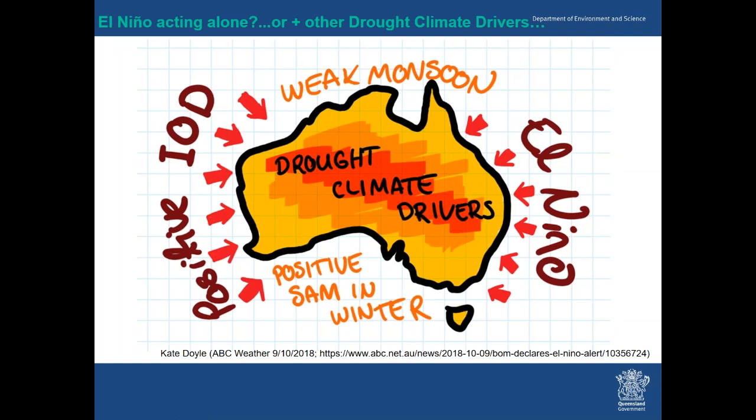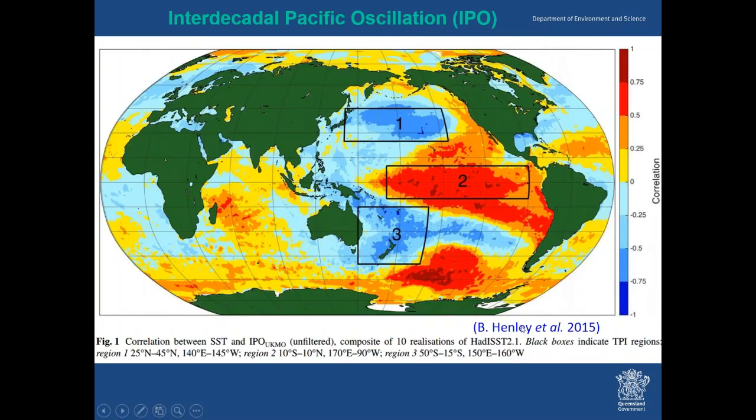But there's very little said about the IPO, the Interdecadal Pacific Oscillation. So I just thought I'd introduce that to you a little bit. A paper by Ben Henley in 2015, University of Melbourne, describes the location where an index can be taken across here through three locations in the Pacific.